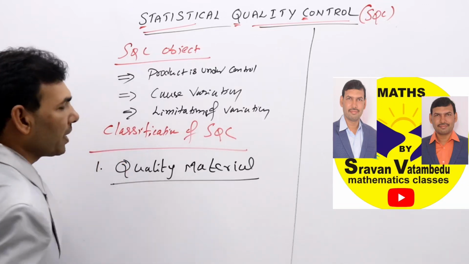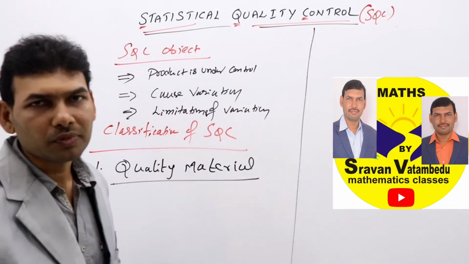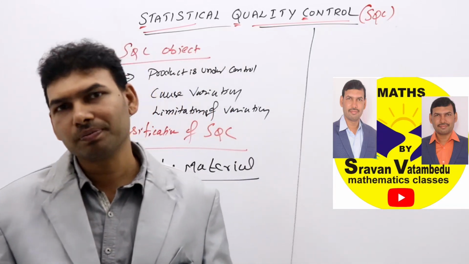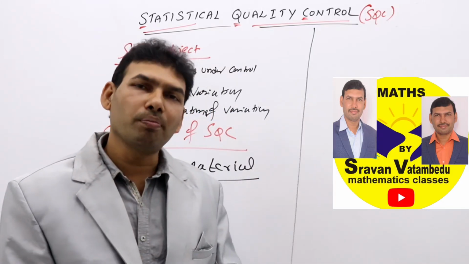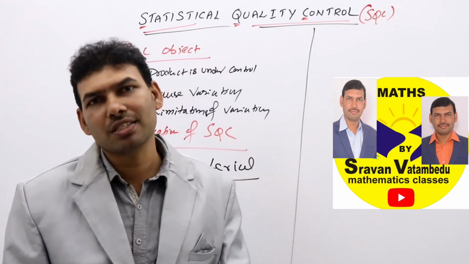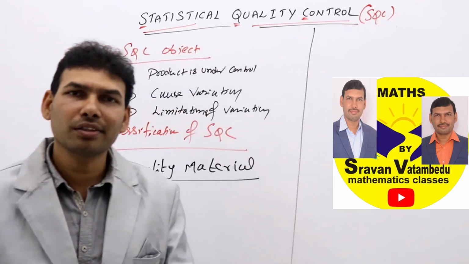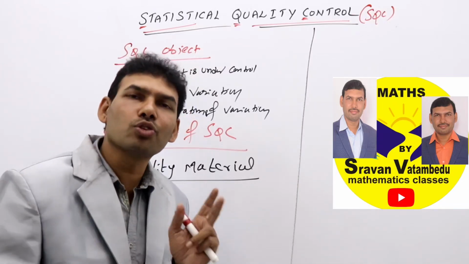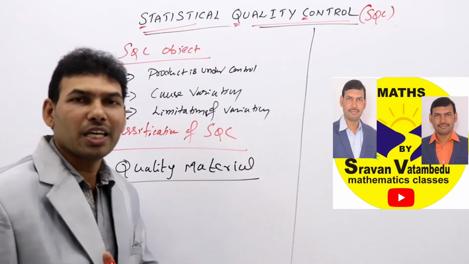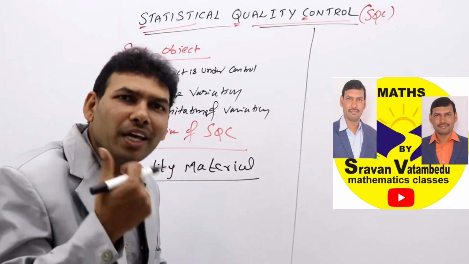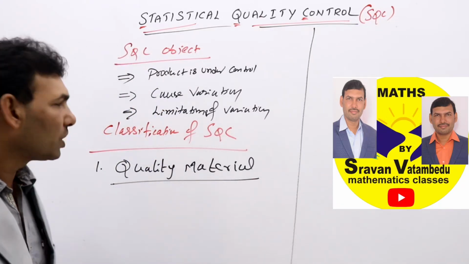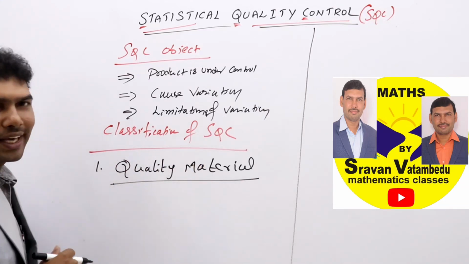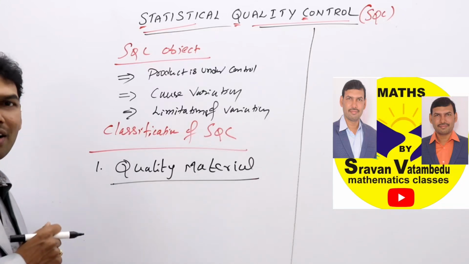We should have quality material. Quality material means the raw material which you are going to buy from any other sources should be good quality. If the raw material which you are going to use to manufacture a product is very good quality, then the product will be good quality. So this is the first one you need to check, whether we are getting quality raw material or not.